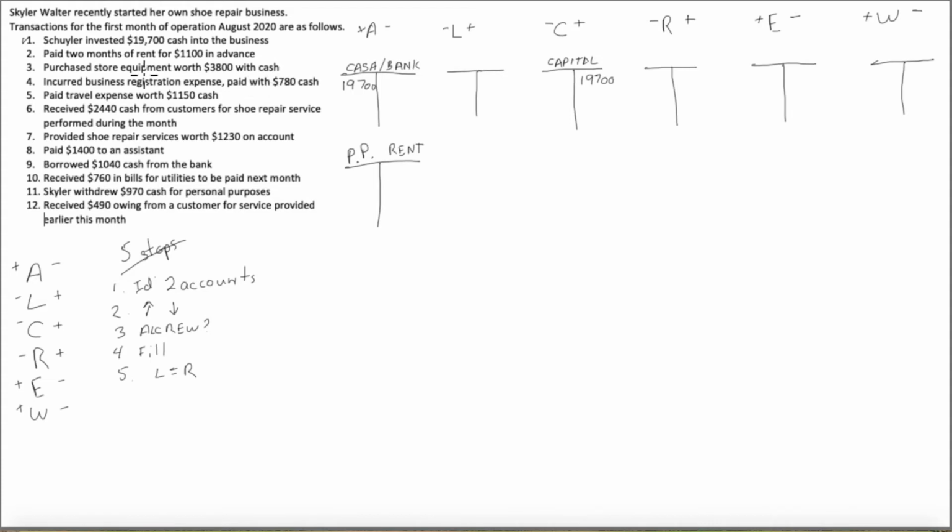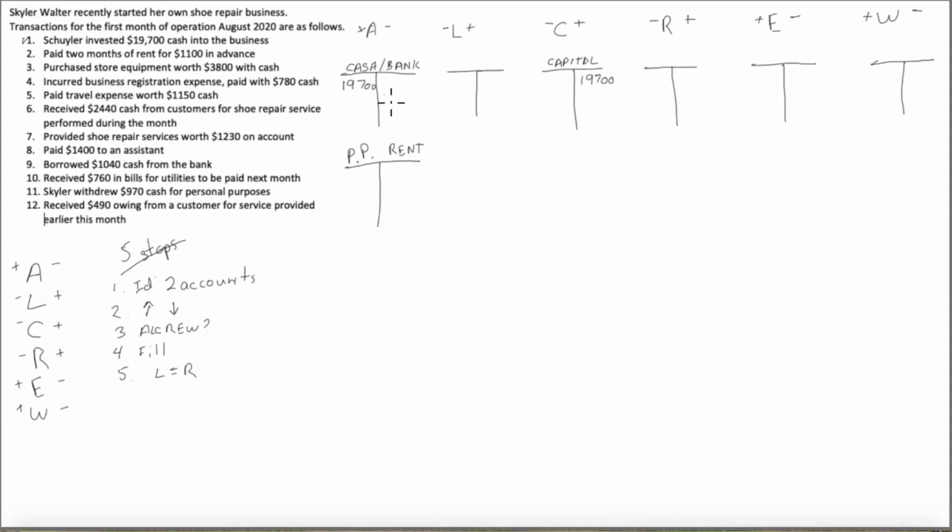So paid 2 months rent in advance. Did the cash go up or down? If we paid something, it went down because it came out of the bank. And then the prepaid rent, did it go up or down? It went up because we paid for it, right?